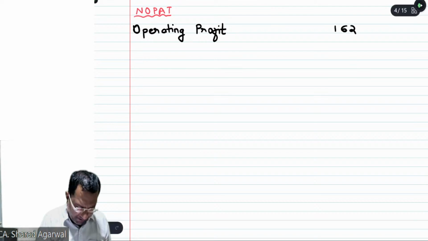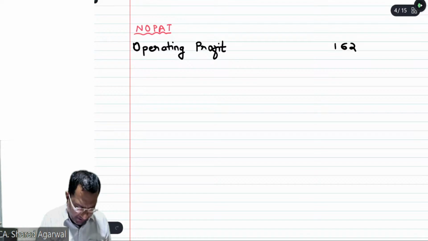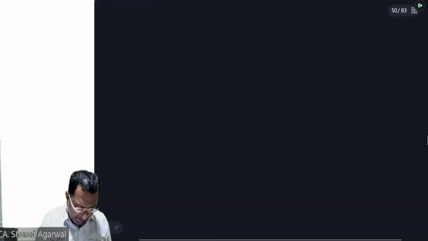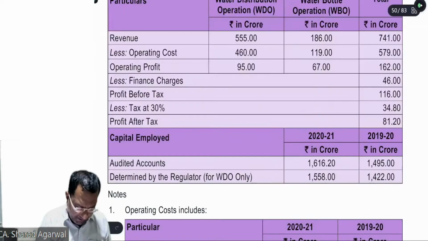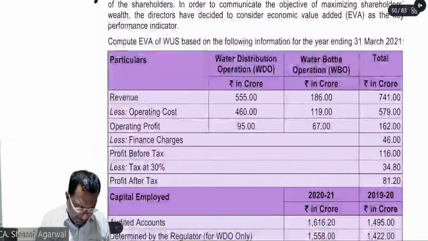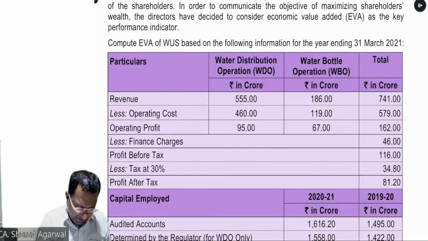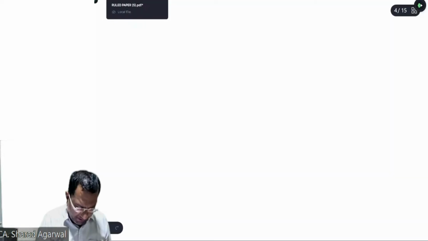And a very, very important point: NOPAT you are finding out for the financial year. What is the financial year of NOPAT? You are finding it out for 2021. The NOPAT that you are calculating in EVA is for 2021.